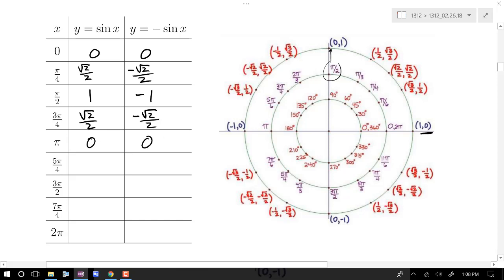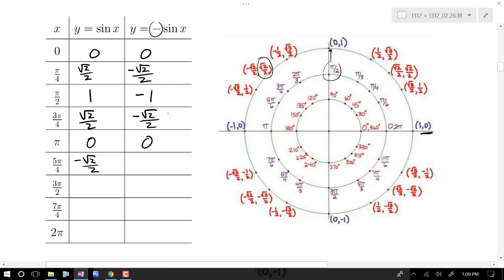And so negative sine of pi is also 0. 5 pi over 4? Negative root 2 over 2. Going back to 3 pi over 4, sine is a positive root 2 over 2, and so negative sine is a negative root 2 over 2.